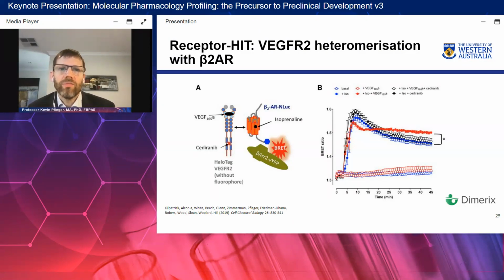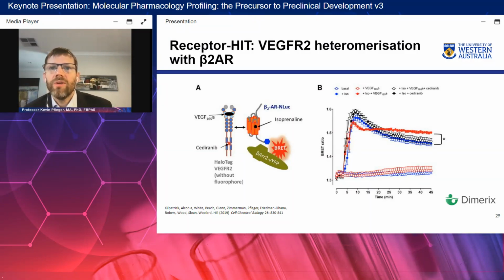Here we have isoprenaline activating the B2 adrenergic receptor, recruiting arrestin to that receptor, bringing it into close proximity with the Nluc that's labeled to the B2 adrenergic receptor. Now we see that effect.